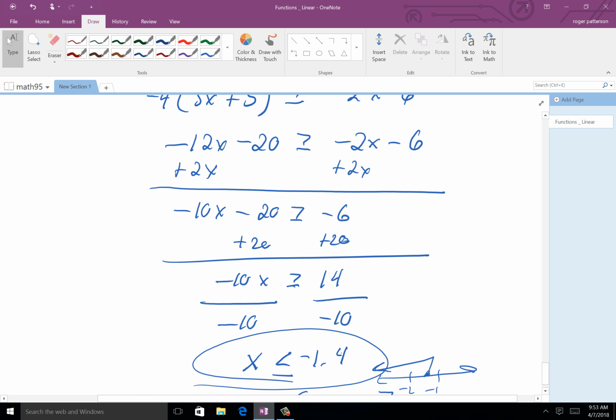Okay, so it wants me to say what the domain is, using what they call the set builder notation. So you would put down brackets like this, and x, because it's just domain. x, colon means such that, x is greater than or equal to -1, like that.